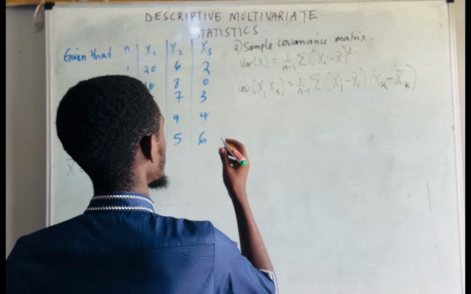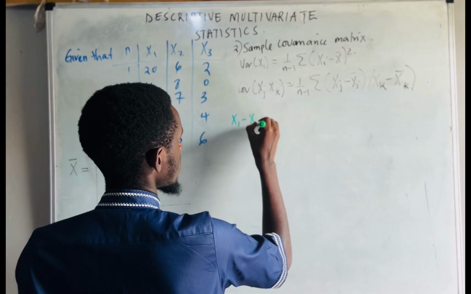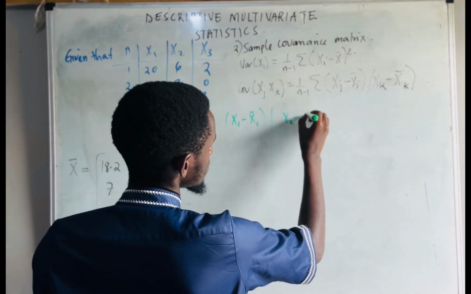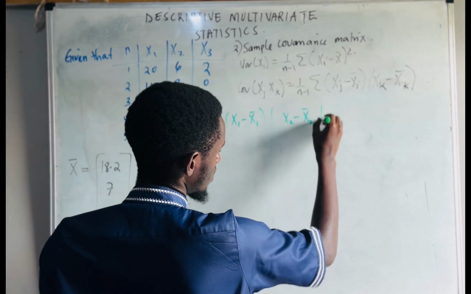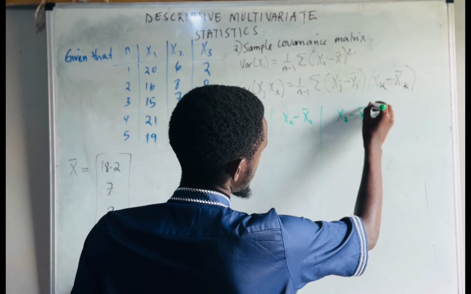Let's have some kind of simple table like this. Let's have x1 minus x1 bar, x2 minus x2 bar, then x3 minus x3 bar.